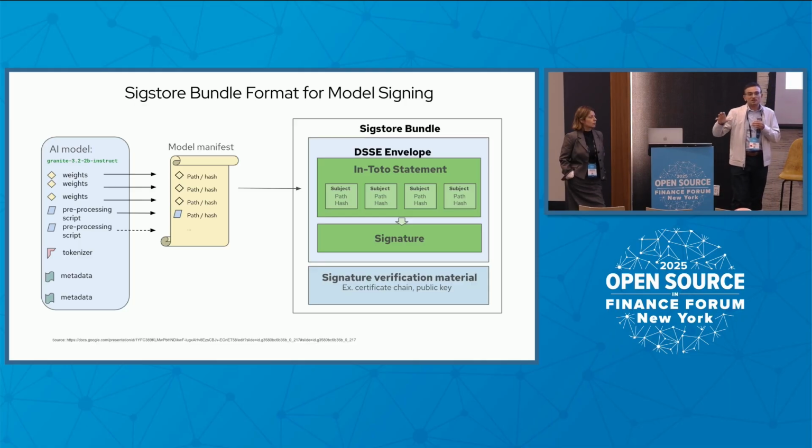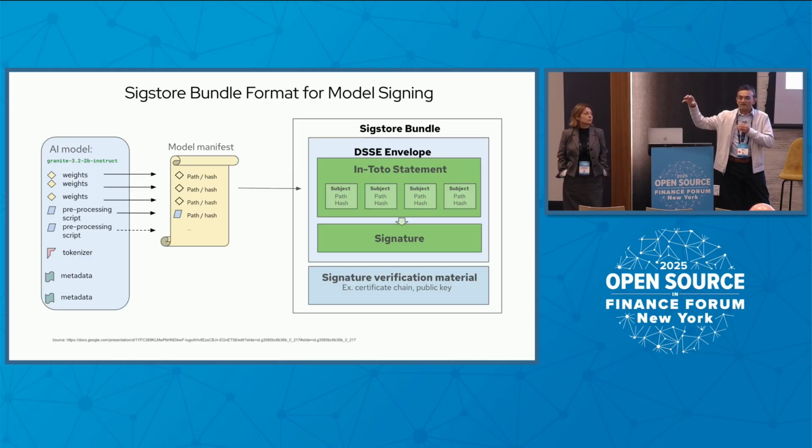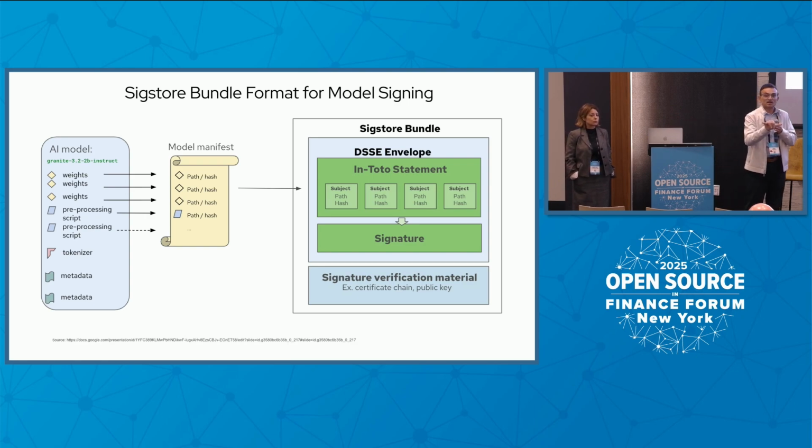What Sigstore did was say, hey, you should be able to use your identity. When I log into Red Hat, I have my identity, veda@redhat.com. I should be able to sign with that. When I'm running a pipeline, that pipeline has an identity based on the system it's running on, and you should be able to sign using that identity.